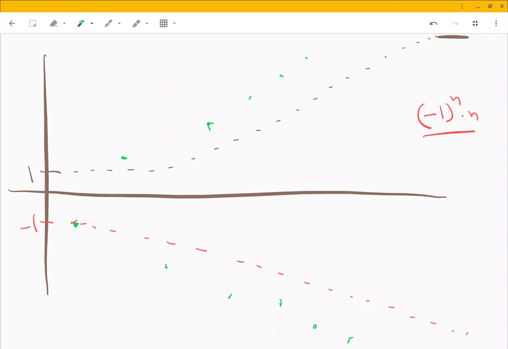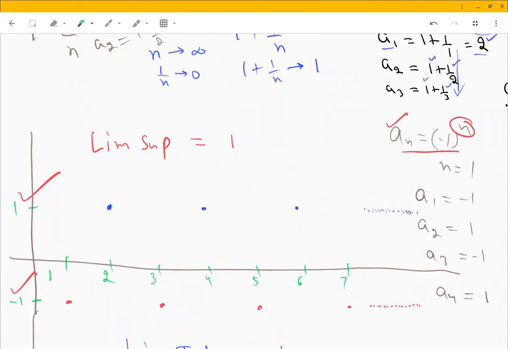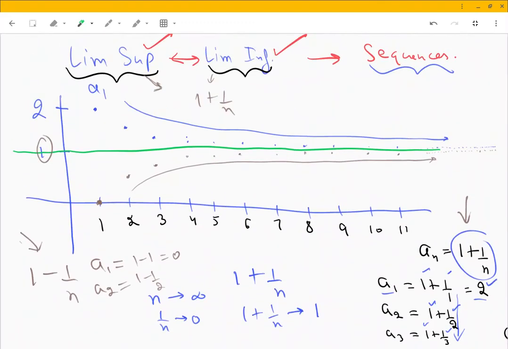And when does a sequence converge? Well, a sequence converges when the limit superior and limit inferior, they both are equal. That means there is just one limit point. That means all the terms of the sequence are accumulating around one value, right?